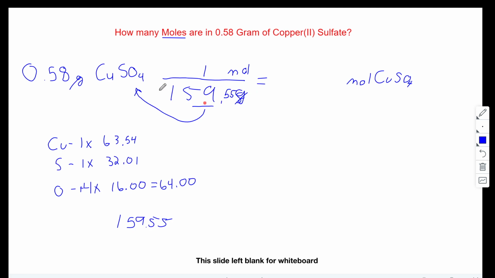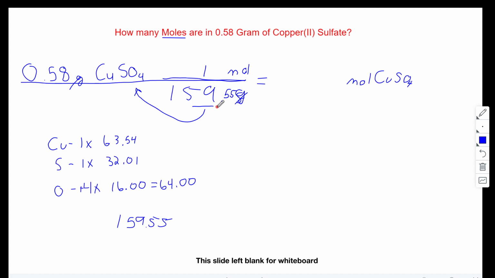Okay. Now what I do to make it easier on myself is I'll draw this line out, and I'll see, oh, hey, look at this. We have 0.58 times 1 divided by 159.55. So 0.58 times 1 and then divided by 159.55.